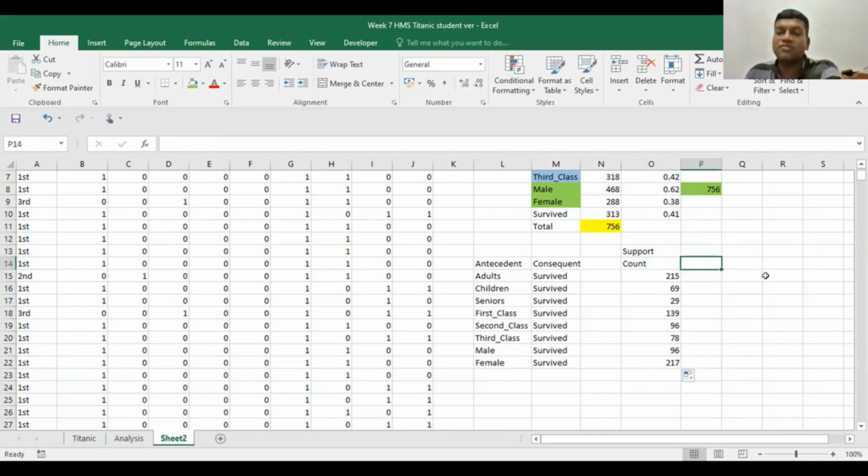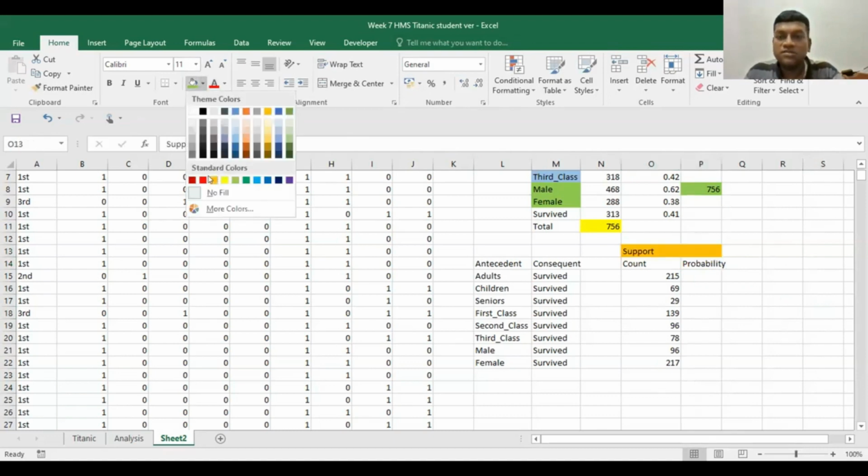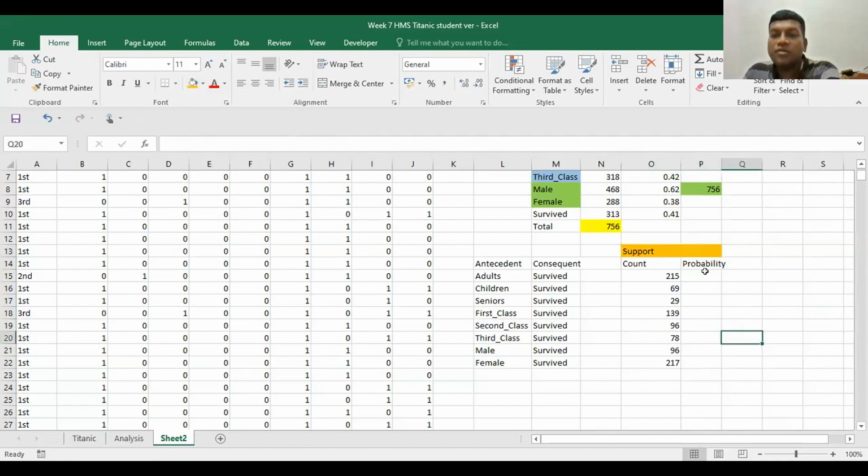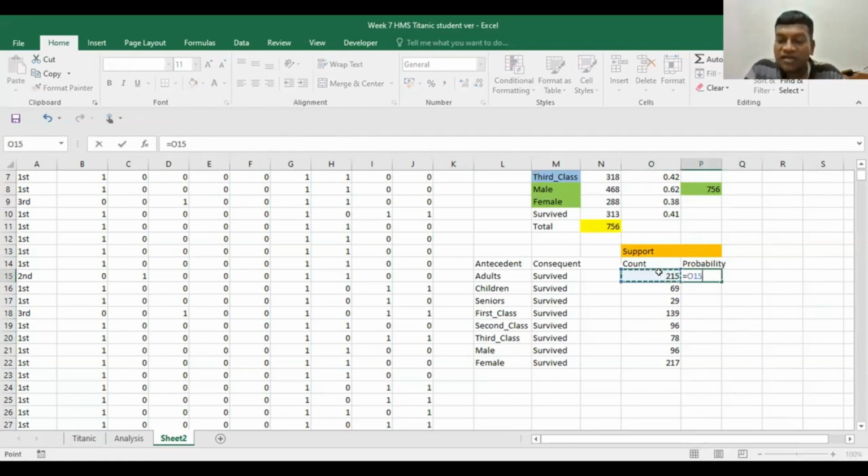And of course, we can determine the probability. So this is support. The probability would be the number of times these two have occurred divided by the total number of passengers, which is 756, which I'm picking from here, and I'm locking that.